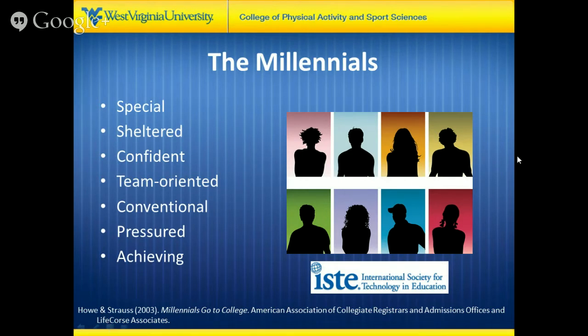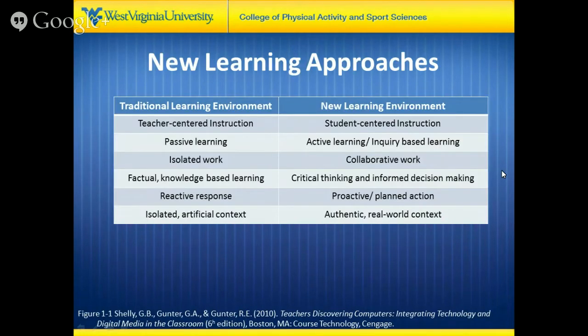Now, considering this, we also would consider the fact that as we transition our learners, who our learners are, there are some new learning approaches that we maybe need to consider. On this table on the left, the traditional learning environments: teacher-centered instruction, passive learning, isolated work, factual knowledge-based learning, reactive responses, isolated artifacts and contents.